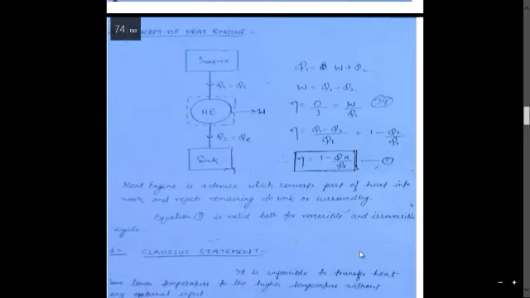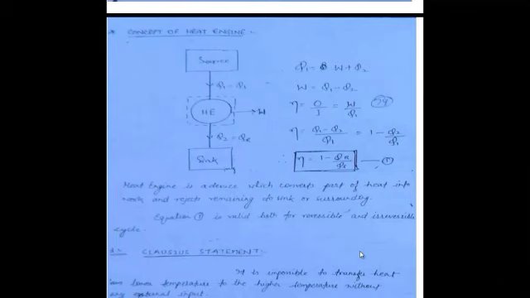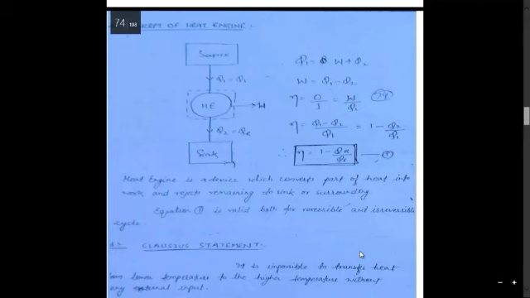Okay, so this is the basic Kelvin-Planck statement, and the concept of heat engine comes from the Kelvin-Planck statement, right? Now the second statement is the Clausius statement. Clausius statement, basically what does it deal with?